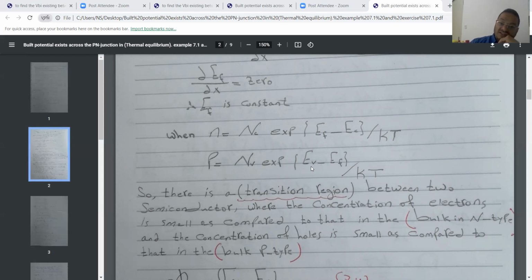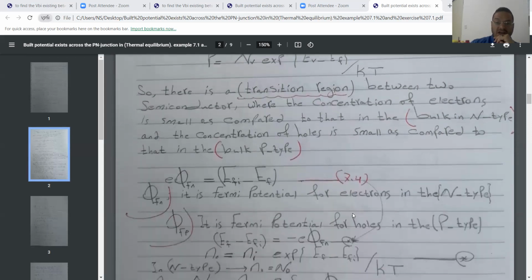So there is a transition region. That's important. We have a transition region here at the junction between the two semiconductors, where the concentration of electrons n is small compared to that in the bulk n-type, and the same situation holds for the p-type, because here the concentration of holes p is small compared to that in the bulk p-type.